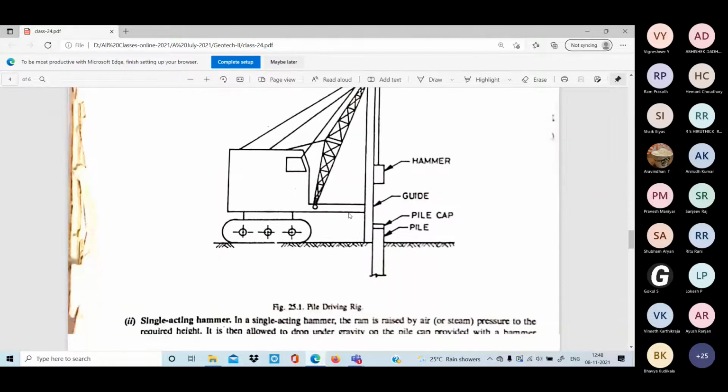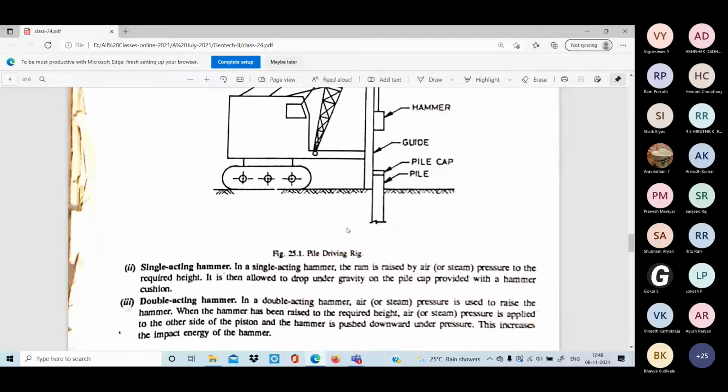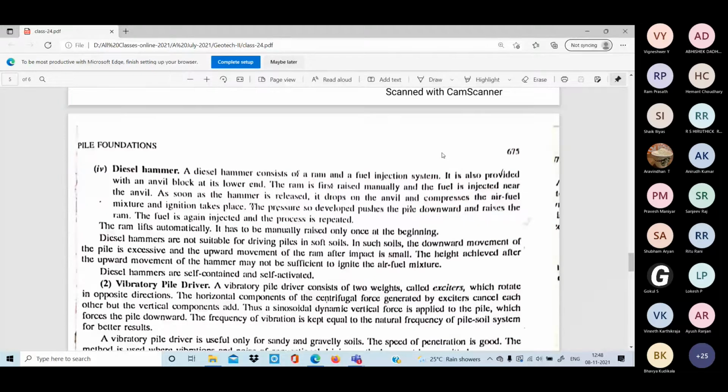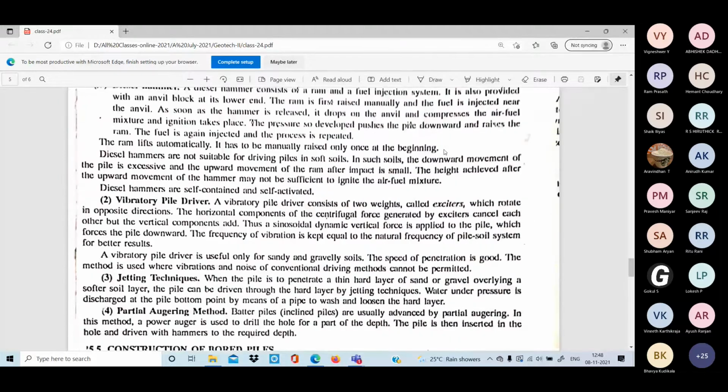There are some methods to find the load bearing capacity of a pile based on this hammer drop: from the height of the hammer drop, what load is transferred and what it bears. You will see this in the chapter. We have single acting hammer, double acting hammer, diesel hammer, vibratory hammer, and so on.